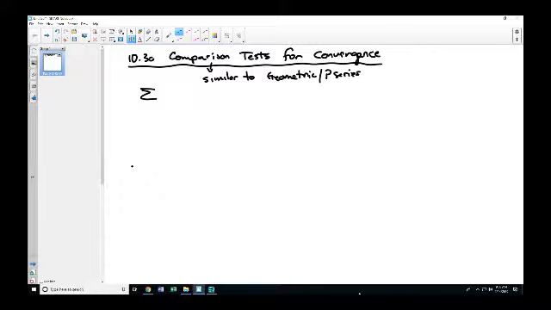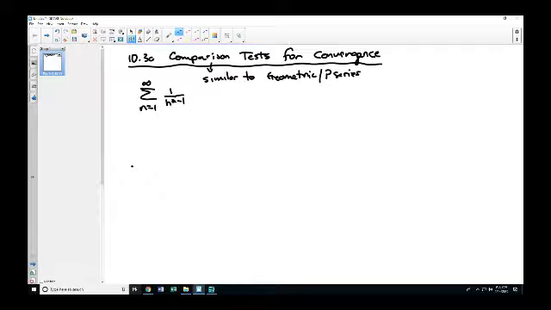If you see something that's very close, like this, is that a geometric series? No. Is it a p-series? No, because of the -1.